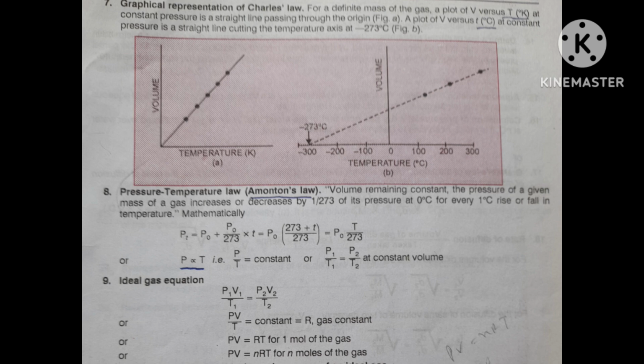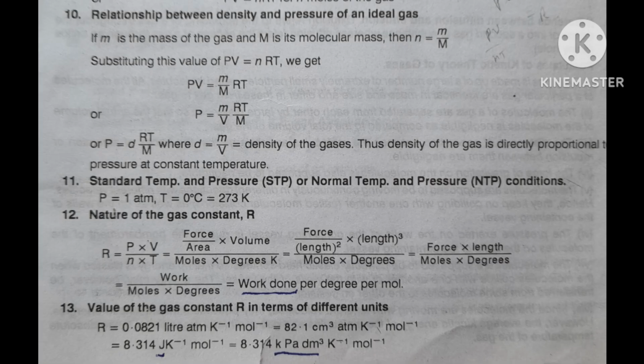That is the number of moles. In the beginning I told you, mass divided by molecular mass is the number of moles. Keep this formula in mind: n, the number of moles, is equal to small m divided by capital M, the mass divided by molecular mass or molecular weight.